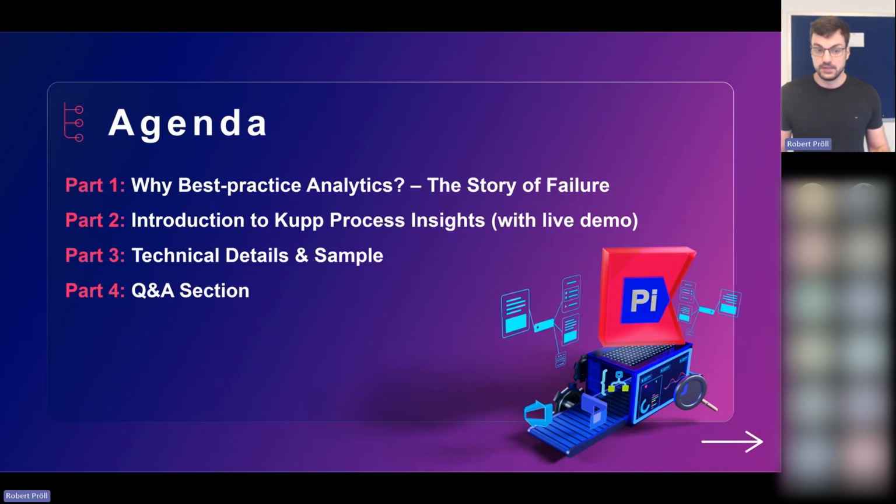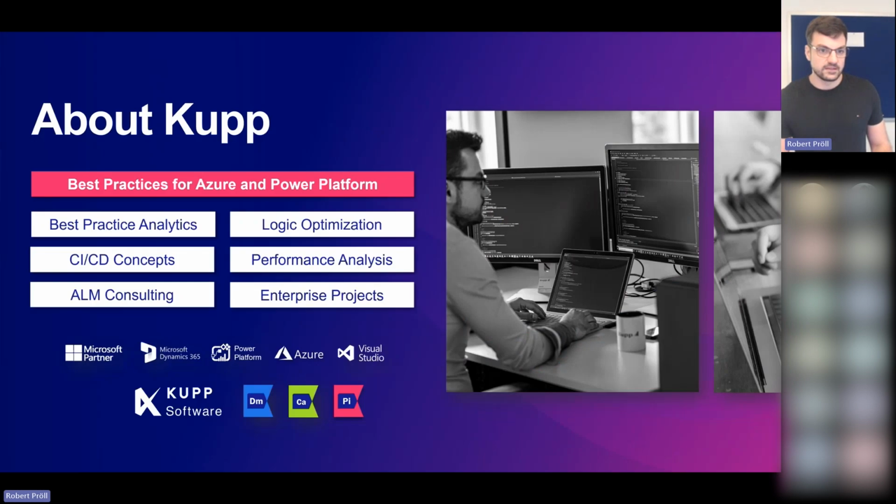So how we can analyze the code, how we can apply best practices, and of course, how we can track the changes if something goes wrong. And as always, at the end, we have some time for Q&A. I think the whole main content is about 45 minutes, and then we can talk about different questions. So let's start.